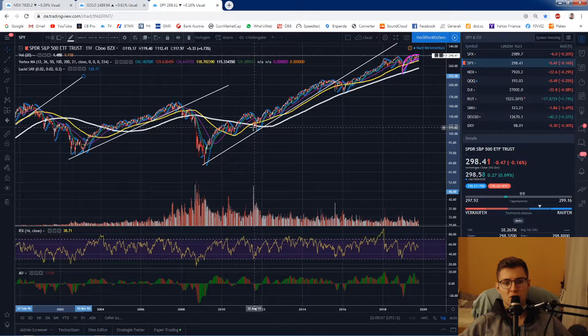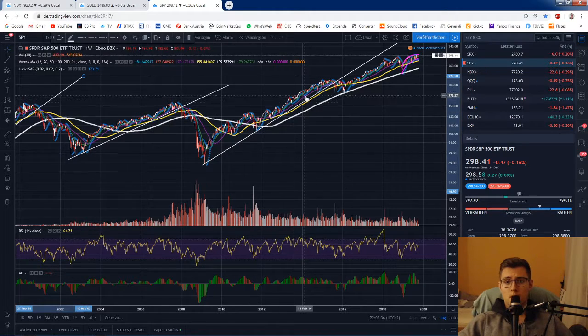We did also break below it right here, yet it was very shortly after a reported recession, so it was rather unlikely that it was a significant break that could be really detrimental.